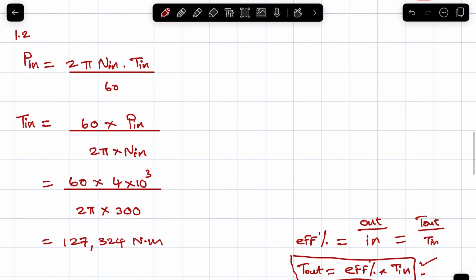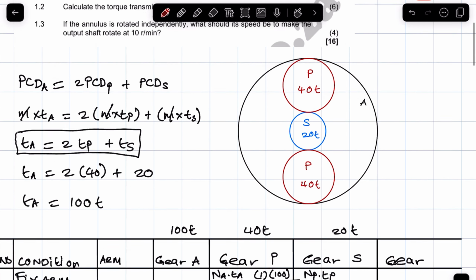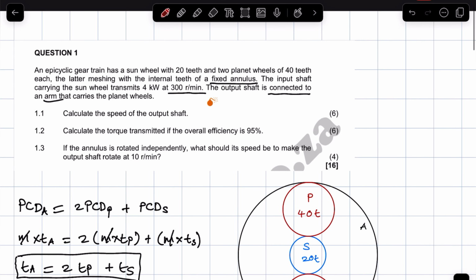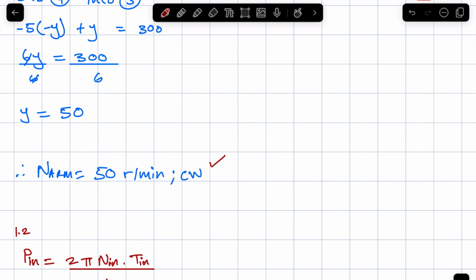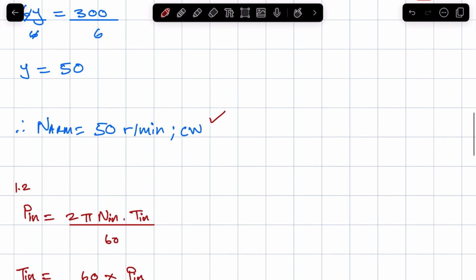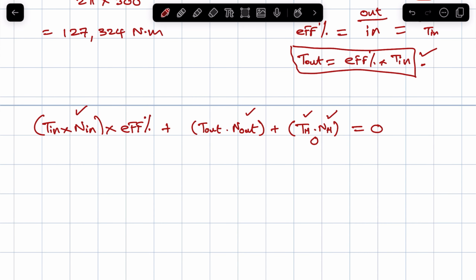Now, it is important to note that the input shaft is going in a clockwise direction. The output shaft is also going in a clockwise direction. Now, what does this tell us regarding the directions of the torque in and torque out? Because the input and output are going in the same direction, it means the input torque as well as output torque are going to go in different directions, right?